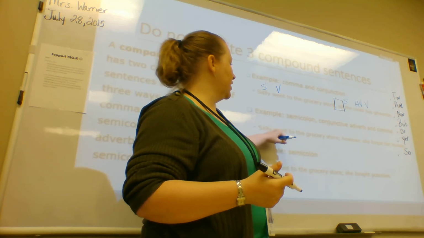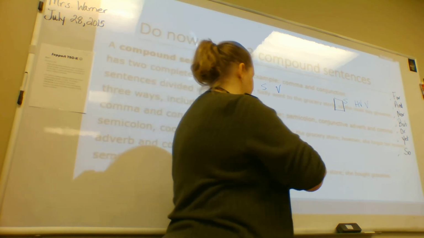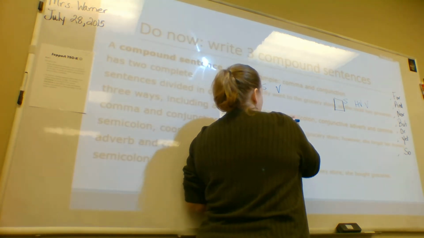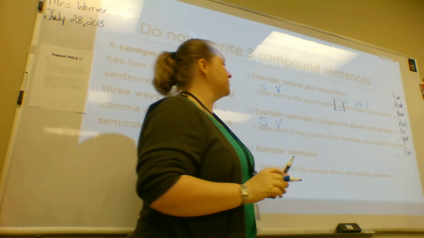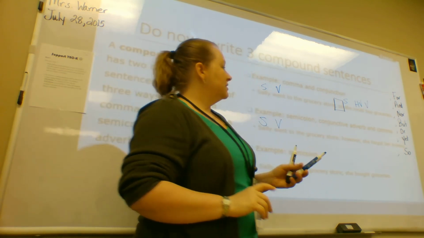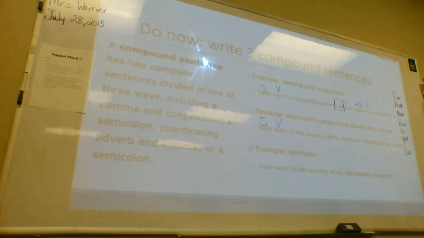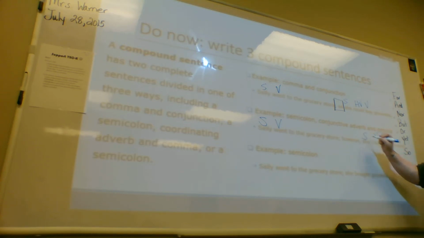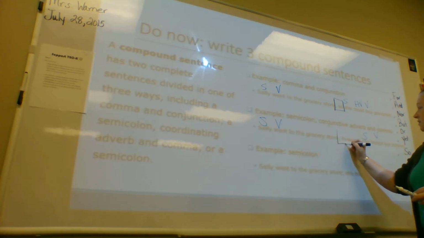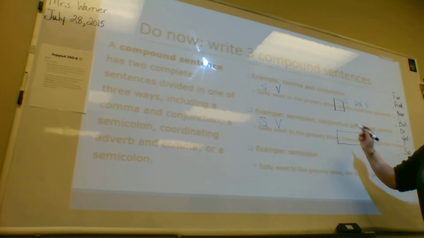The first verb that we come across is went. So we say Sally went. Sally is the subject. She forgot her money. What's my verb? Forgot. And my subject? She. This is where we have to add in a lot of stuff: semicolon, conjunctive adverb.